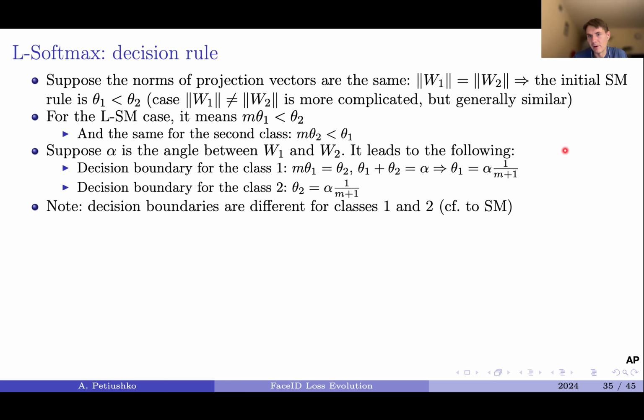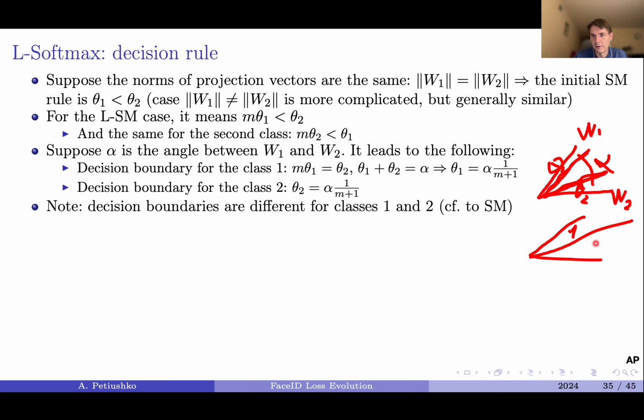For example, this is the initial alpha, W1, W2, and this is theta 1. This is the separating hyperplane, and this is for the second class, theta 2. These are two different boundaries, because for softmax it would be just this one for the first and second class.